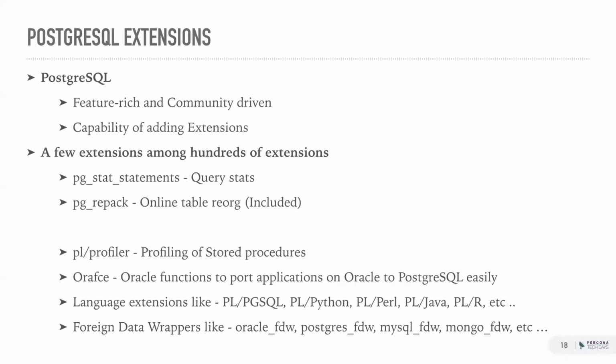So talking about extensions, Postgres is feature rich and completely community driven, right? So you have the ability to add extensions that serve some purpose. For example, you have an extension called pg_stat_statements. So you would want to see something like AWR in Oracle, for example, wherein you want to see what happened in the past.